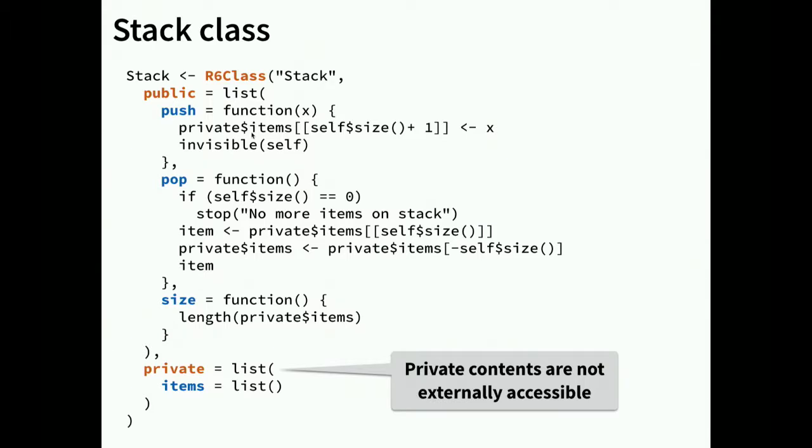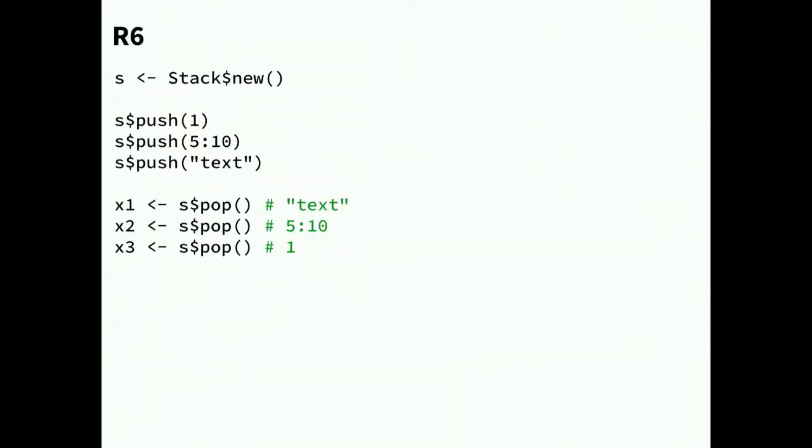So I can modify it or read it using private$items. So this keeps it encapsulated. All you get to see are the functions from the outside. All right, and then to use it, you'd say s is Stack$new, s$push(1), push 5 through 10, push text, and then if you pop them off, it'll take them off in the reverse order. Okay, so that's a slightly more useful example of a class.